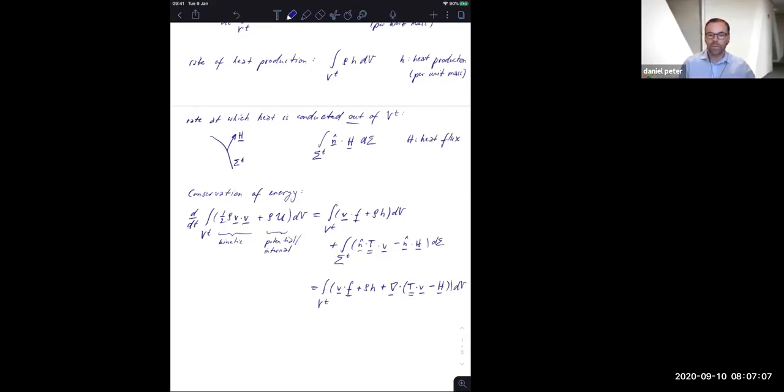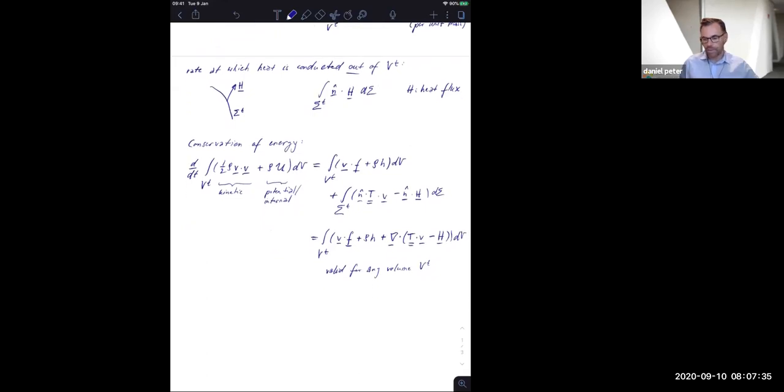So that's just by applying Gauss theorem. So we take the divergence of these quantities, and this is now valid for any volume Vt. Good. So let's write it down without these integrals.